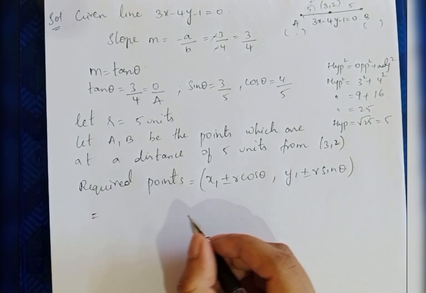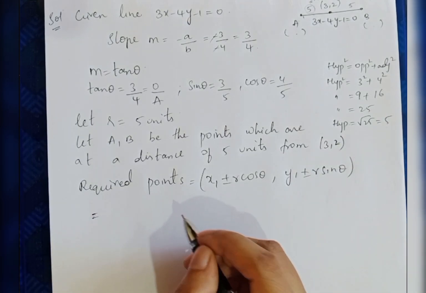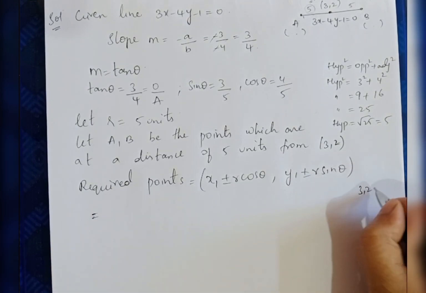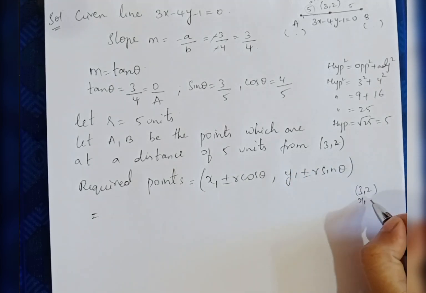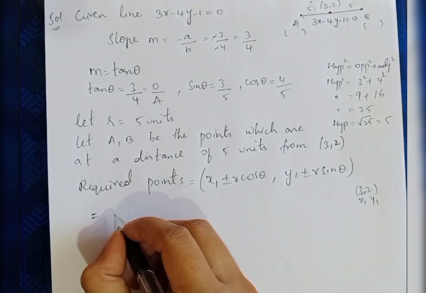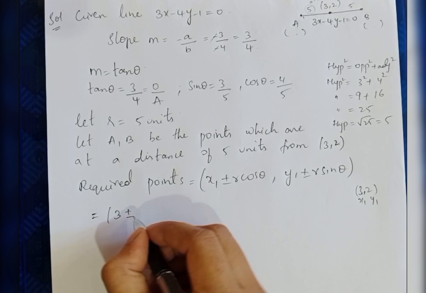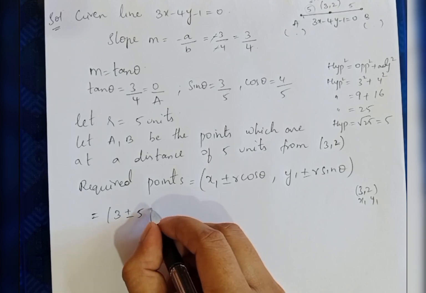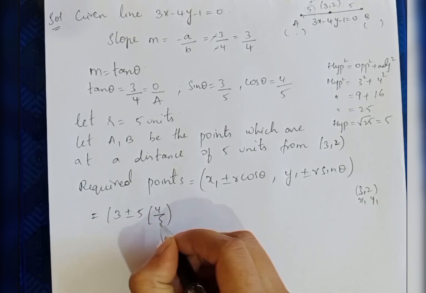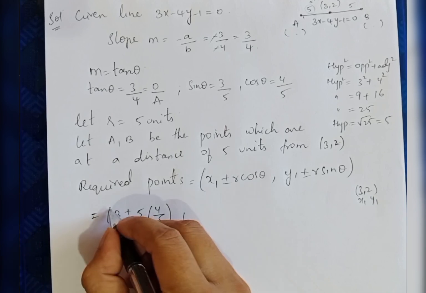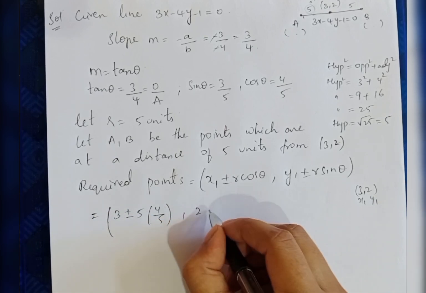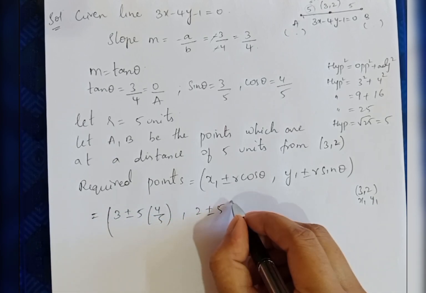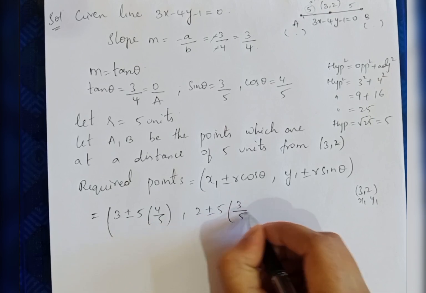The given point in the question is (3, 2), this will be our x1 and y1. So x1 value is 3 plus or minus r value 5 times cos theta value 4 by 5, comma y1 value is 2 plus or minus 5 times sin theta value 3 by 5.